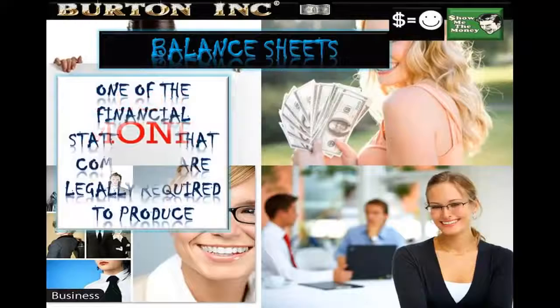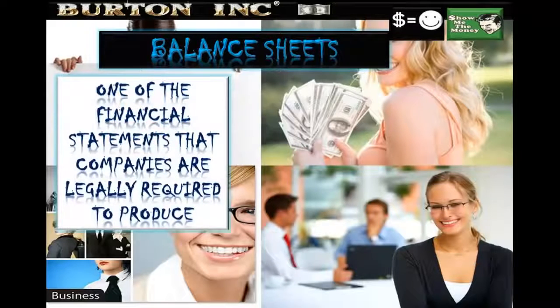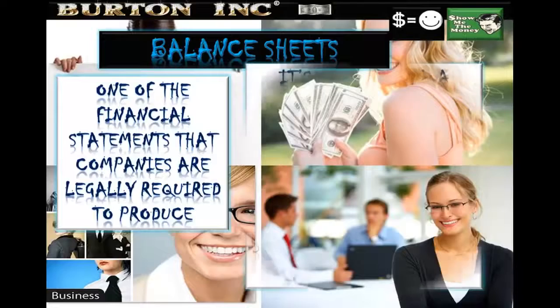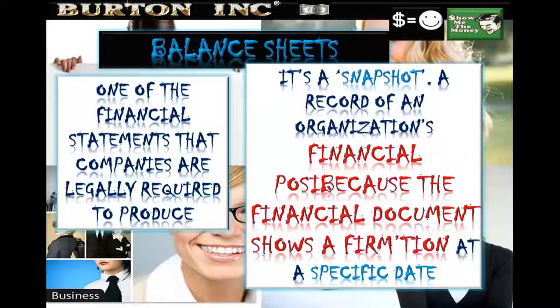Okay, balance sheets. Now, these are one of the key financial statements that companies are legally required to produce. Why are they legally required to produce it? Because the balance sheet tells no lies. You know what's going on with the company if you have access to its balance sheet. It is a snapshot, so it's that picture in time.